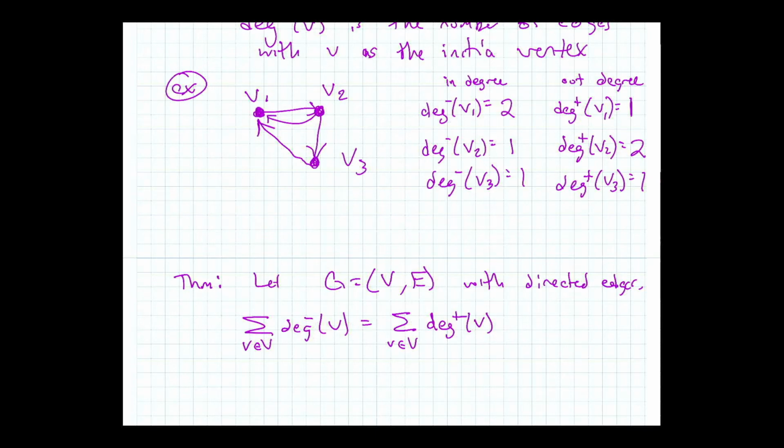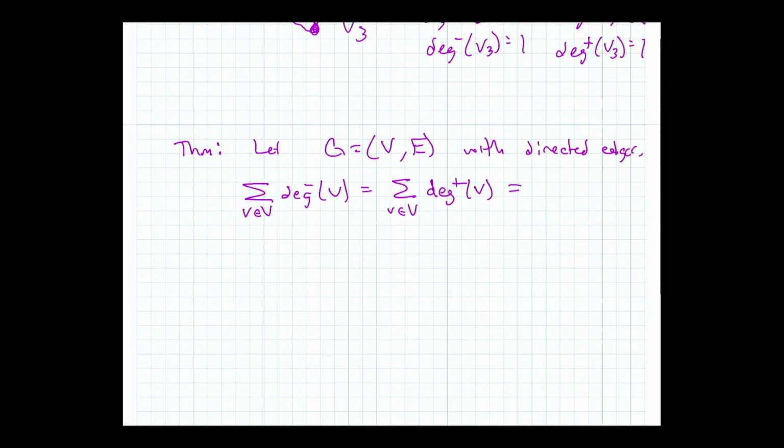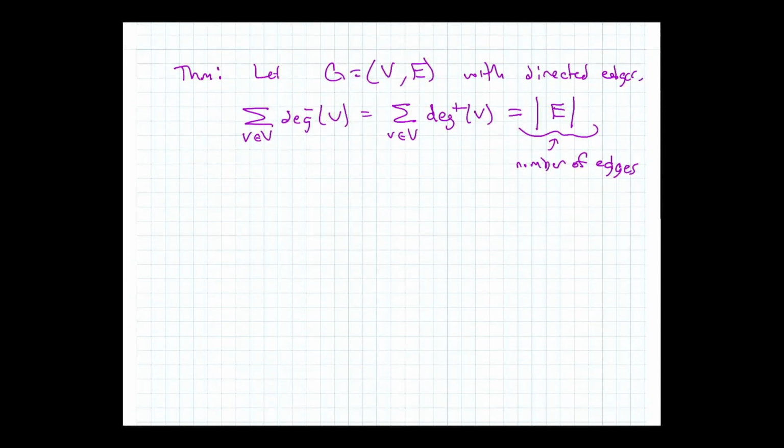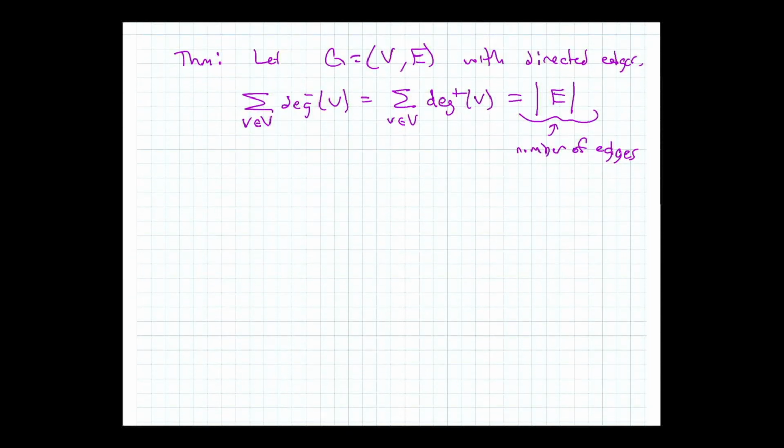So those are equal, and they're both equal to the number of edges. And the way they wrote this is the cardinality, which we learned about, of the set of edges. So the number of edges. Okay, so there you go. That's the relationship for directed graphs.